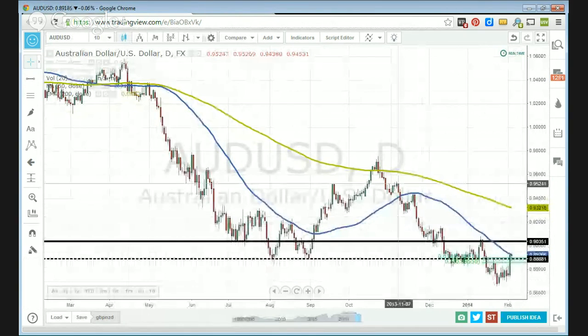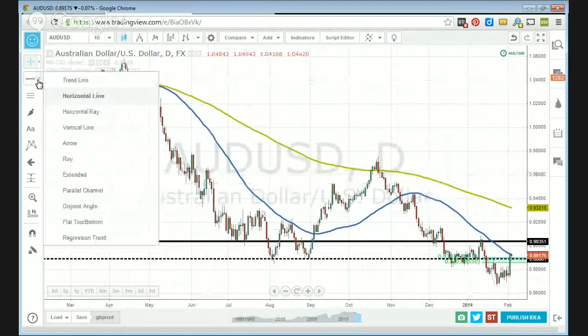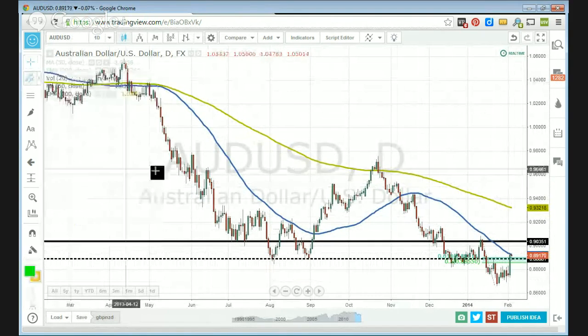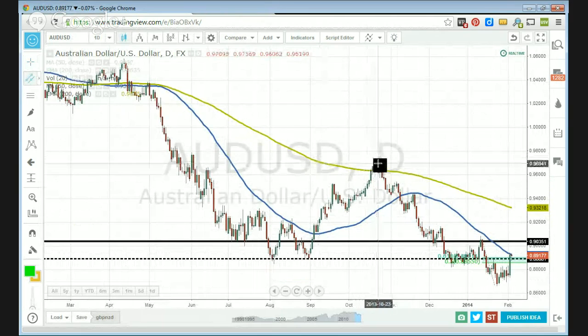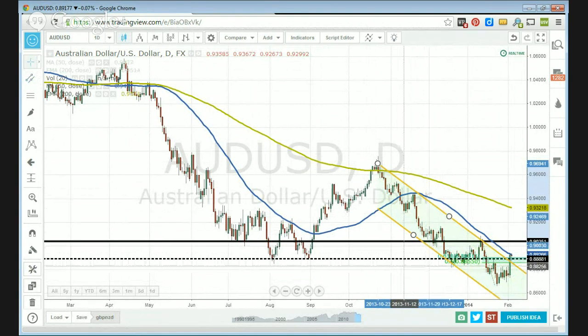We now have a sufficient pullback. There might even be a channel on this. Is there? Yeah, you could say. So loose idea of a channel here.